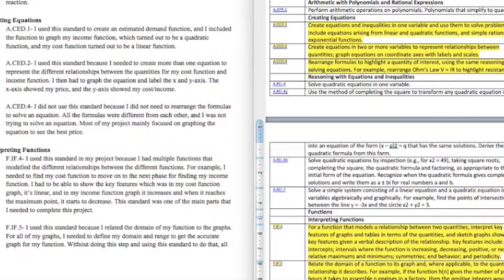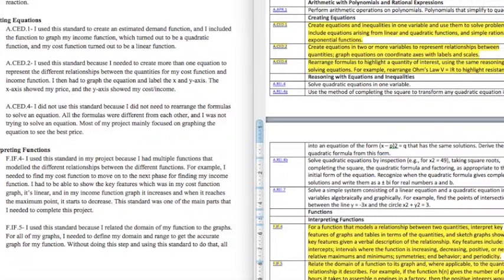So I needed to create more than one equation to represent the different relationships between the quantities for my cost function and my income function. So every single time I needed to be able to come up with more than one function or one equation, because all of them are separate and they're different, and they represent something different from each other.